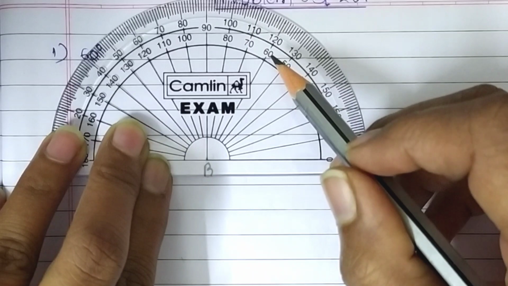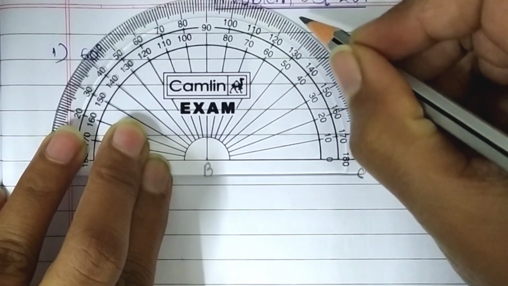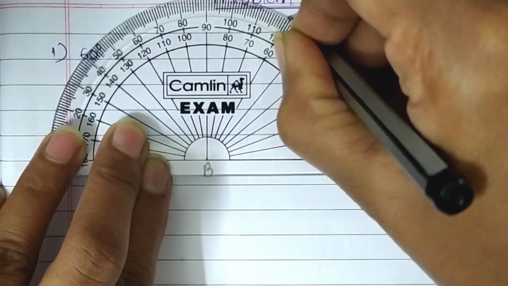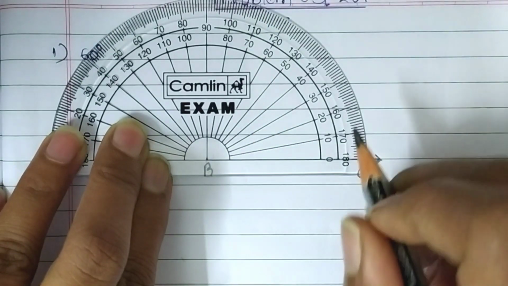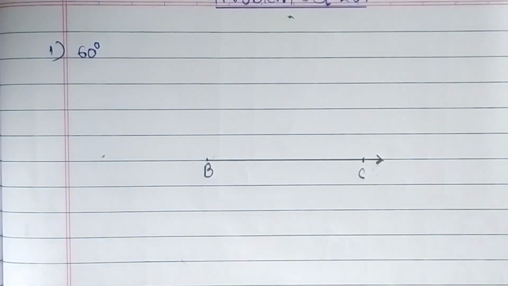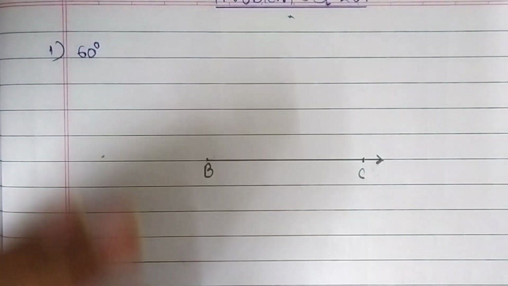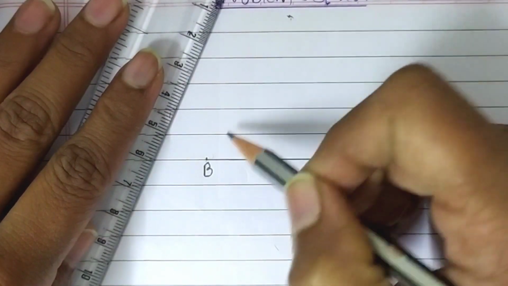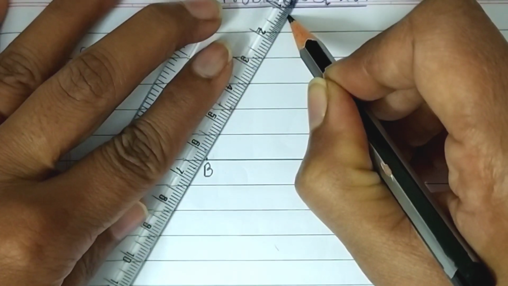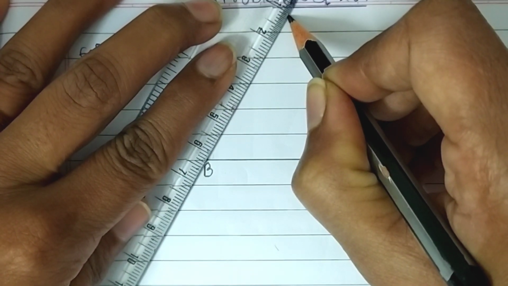Mark a point with a pencil at the division that shows us a 60. Here I mark a point. Then join these 2 points, the marked point and B, like this, by using scale or ruler.